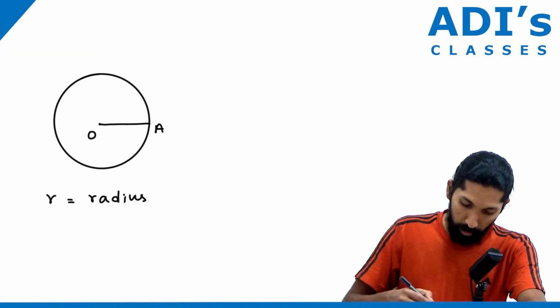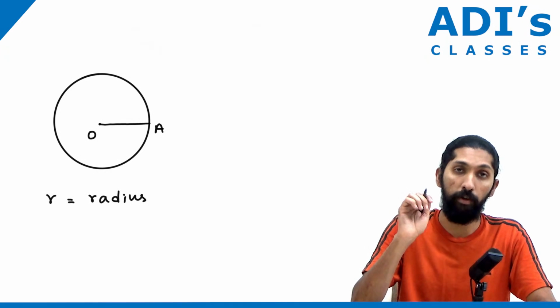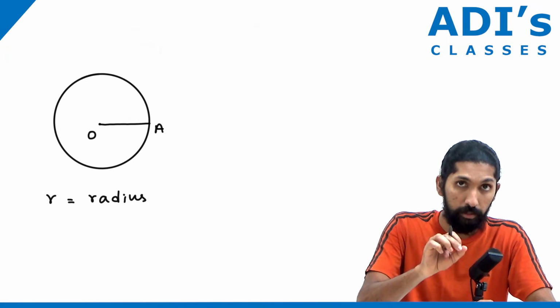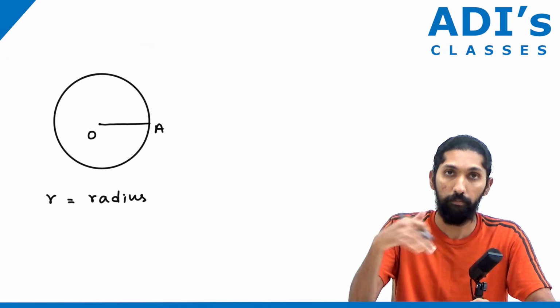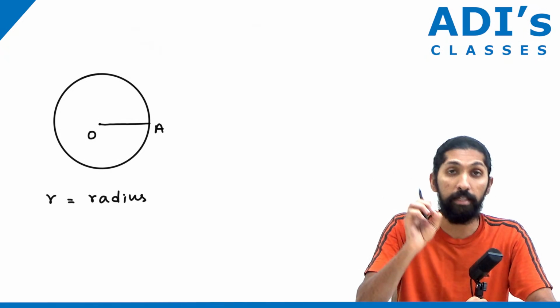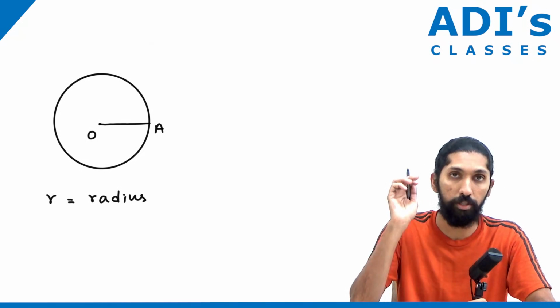Now, what we'll do, we'll take some angle theta. Again, I'm not specifying it to be one radian. It can be any angle theta, provided theta should be in radian and not in degree. Let me repeat it. Theta, the central angle, has to be in radian and not in degree. This is the only condition.